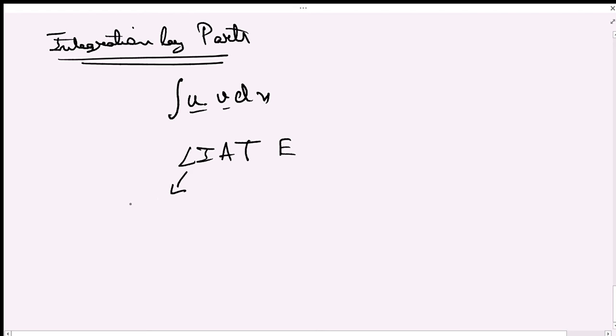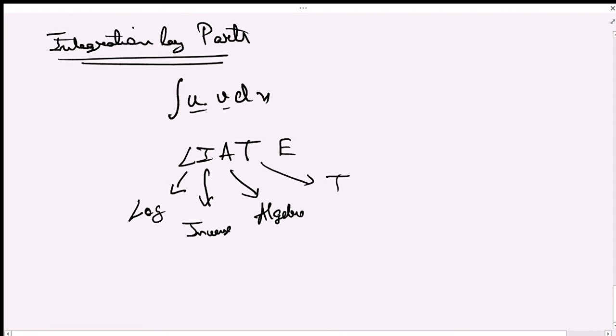So what does the LIATE rule actually say? This is your log, this is your inverse, this is algebraic, this is trigonometric, and this is exponential.